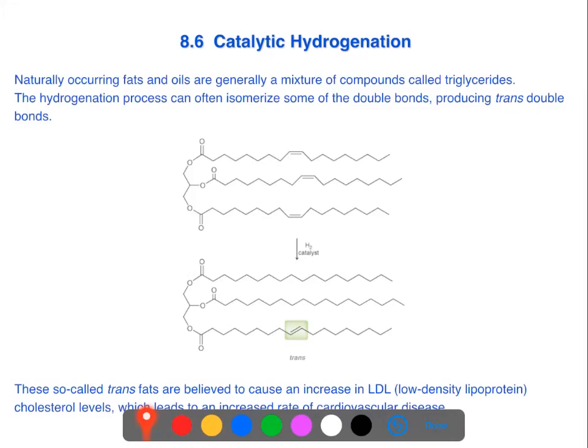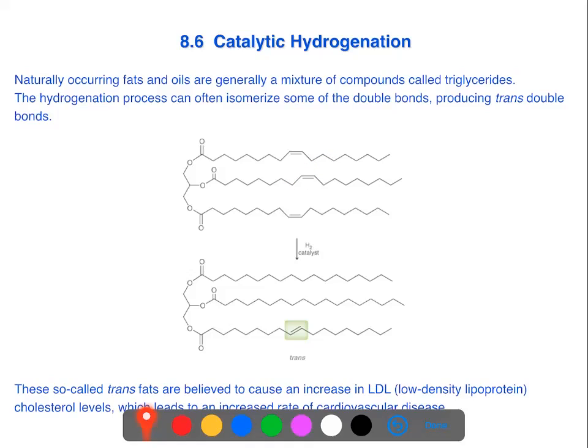So we have almost a fully saturated chain, but you can see there's some unsaturation. There's an alkene present in these tails of the triglycerides. Now, the natural form, the most common form produced biosynthetically, is the cis isomer of triglycerides.